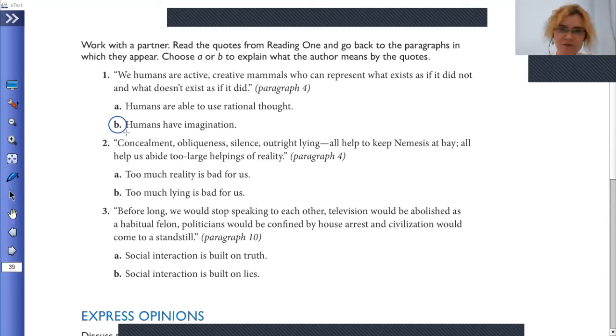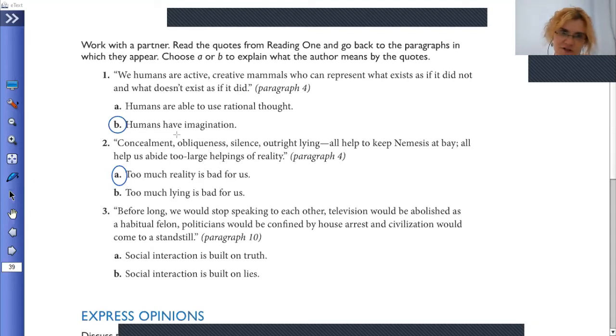Oh, that's a mouthful, paragraph 4. What does the author try to say here? Is it A, too much reality is bad for us, or is it B, too much lying is bad for us? What do you think, Matthew? B. Huh? B. Basically, it's actually A. Too much reality is bad for us.